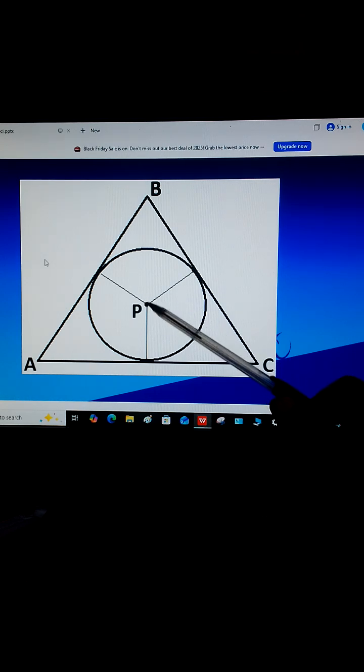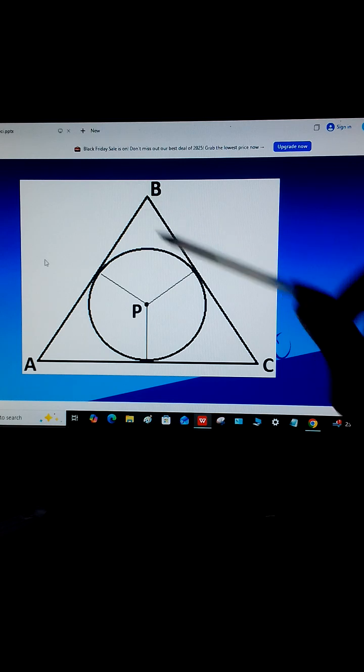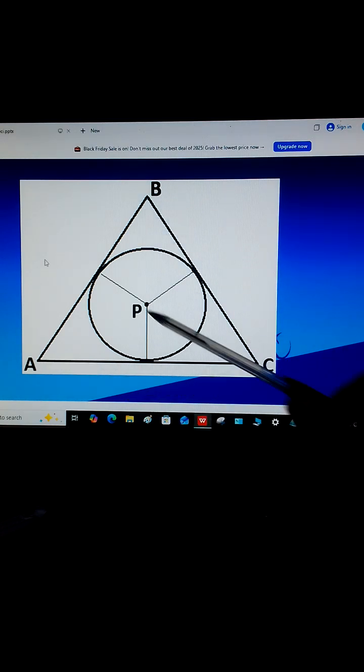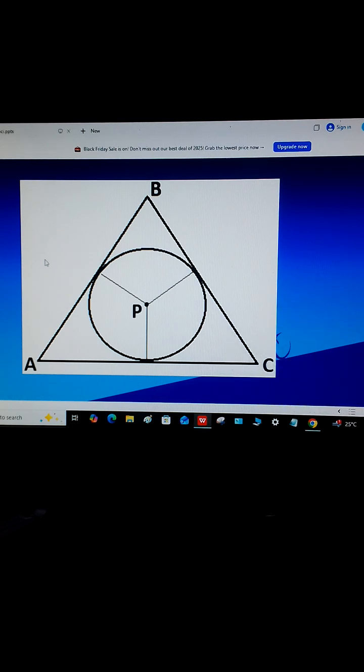So the locus will be here, will be the center of this circle which is inscribed. That's the locus of point P inside triangle ABC, such that P is equidistant from sides AB, BC, and AC. It will be here at the center of the inscribed circle.